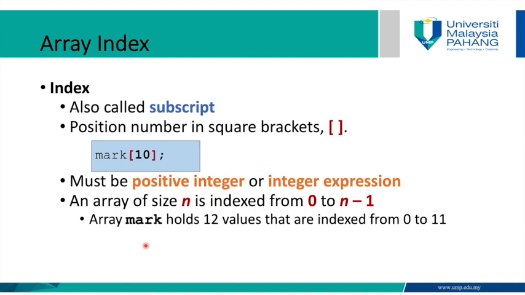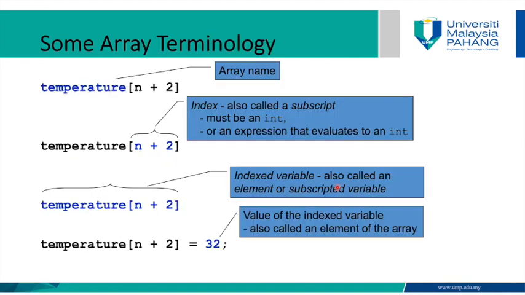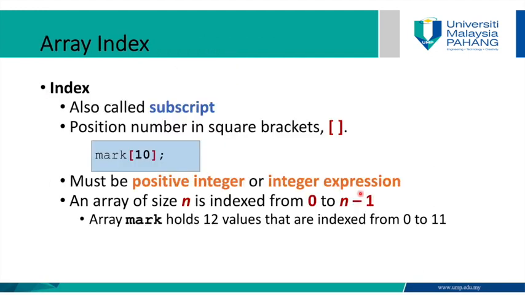The position number in square brackets, like mark 10, must be a positive integer or integer expression. An integer expression is like earlier, n plus 2 or n minus 1. So it must be positive. The index cannot be negative.